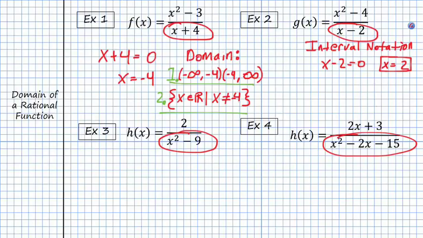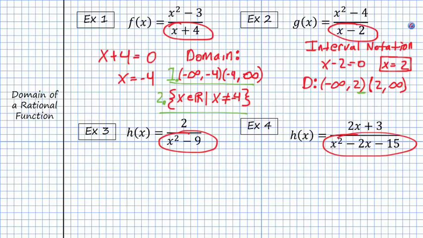So my domain is equal to negative infinity up to 2, excluding 2. Remember, this symbol means that we exclude the number, and then we go from 2 to infinity. So that'll be my domain in that case.